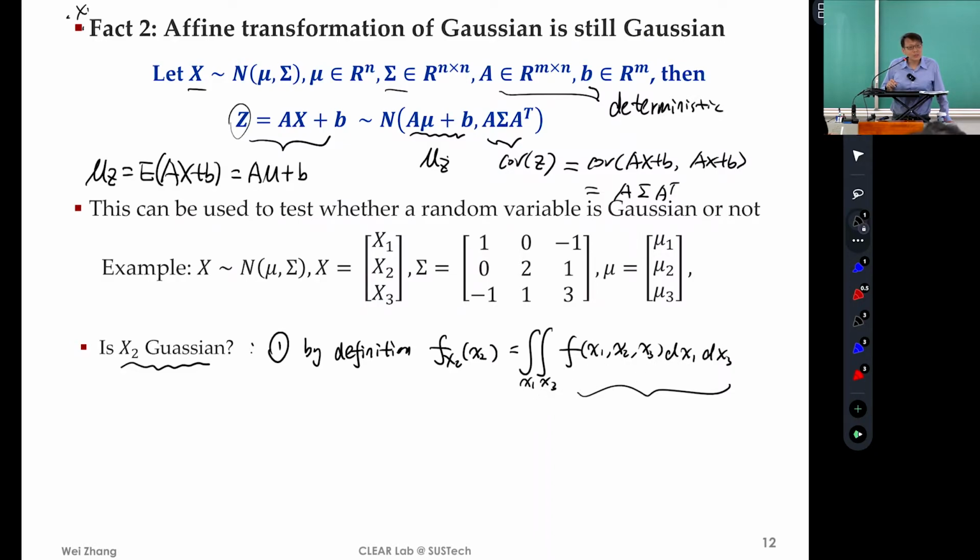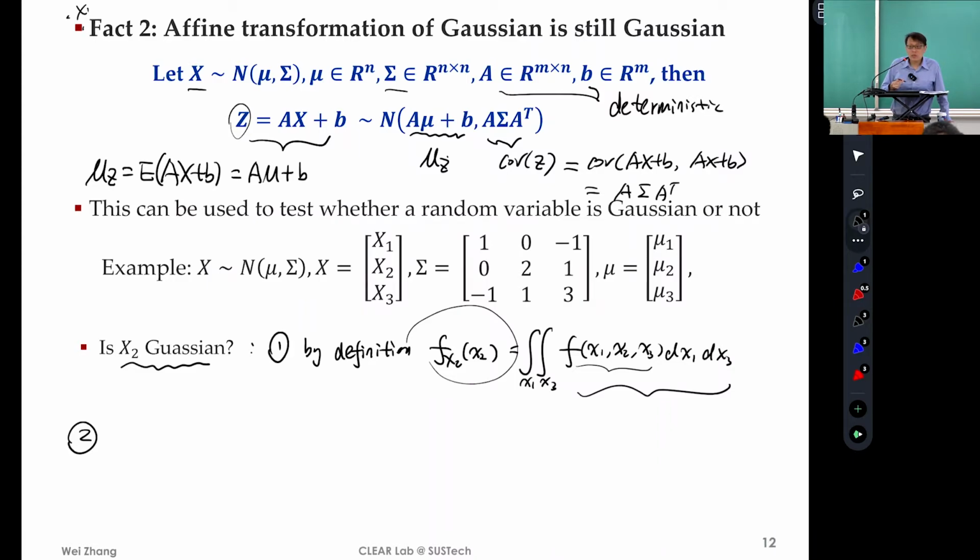But conceptually, you can do this by plugging in the joint density for this X vector, and you will find out whether this is Gaussian or not. But we don't do this, right?